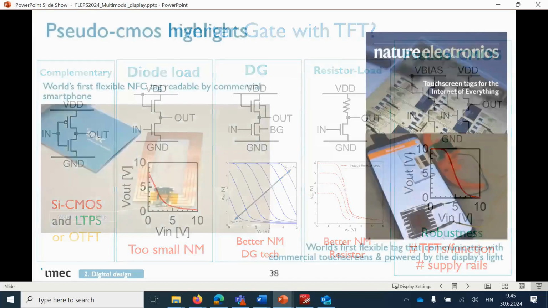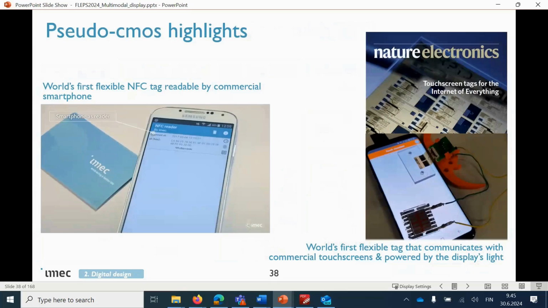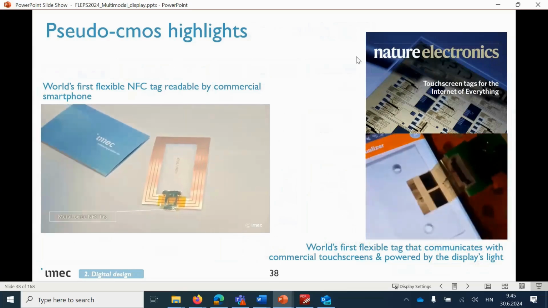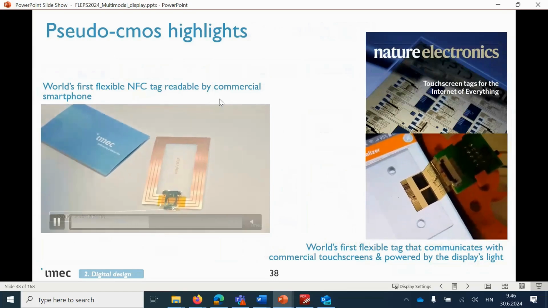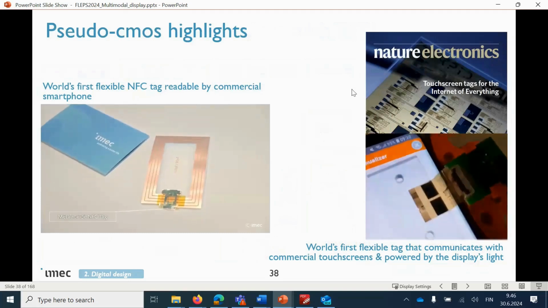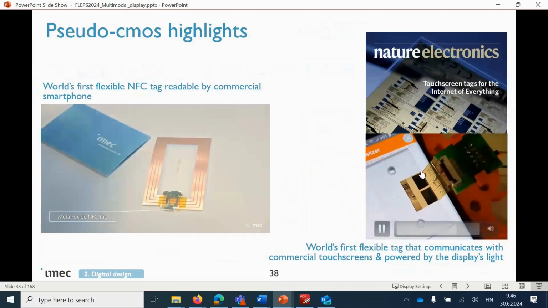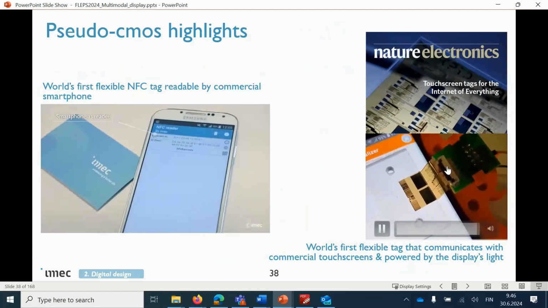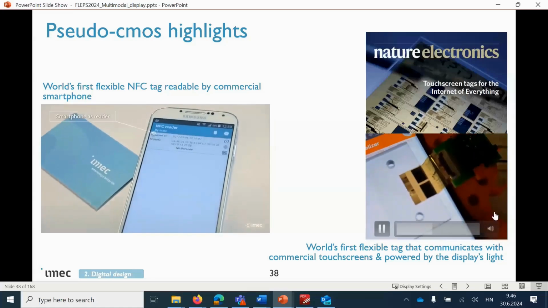And at IMEC, we have used this in two very good demos. Besides other things, we presented some years ago the first NFC tag communicating with a commercial phone. And we also presented the first thin film tag that is powered from a PV, from the display itself.